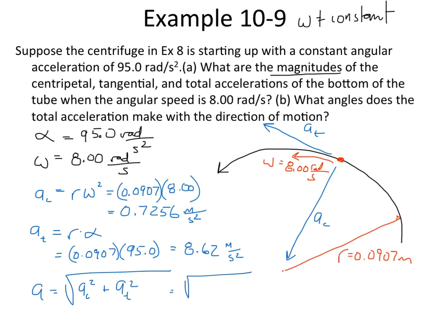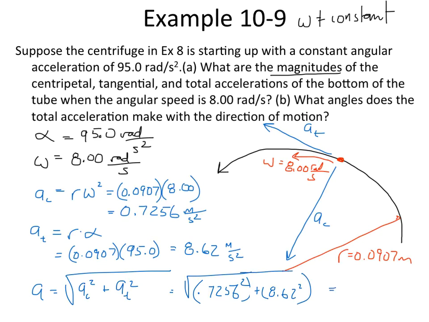So that's the square root of 0.7256 squared plus 8.62 squared, to the 1/2 power.